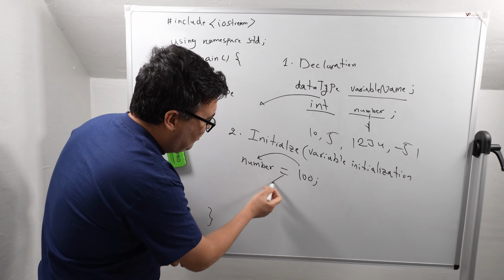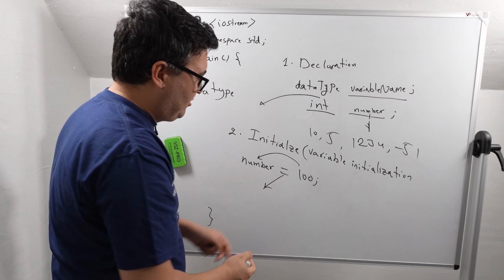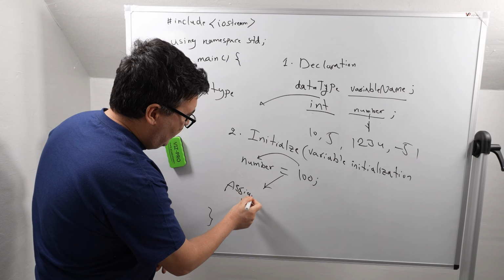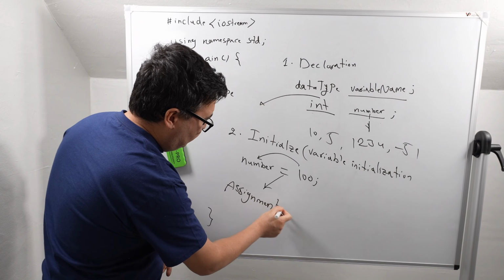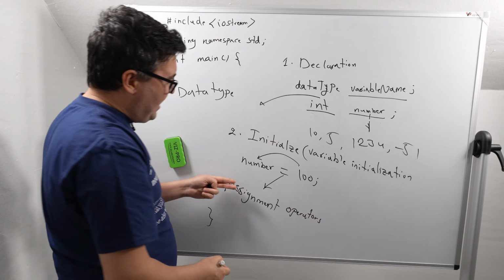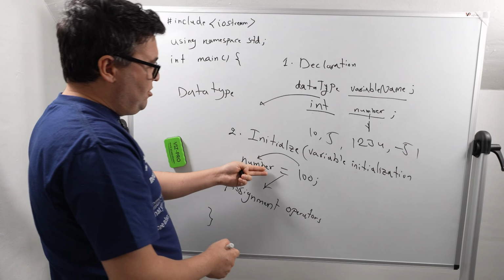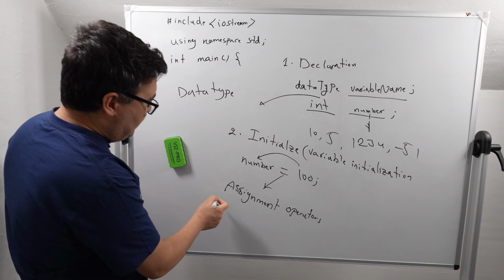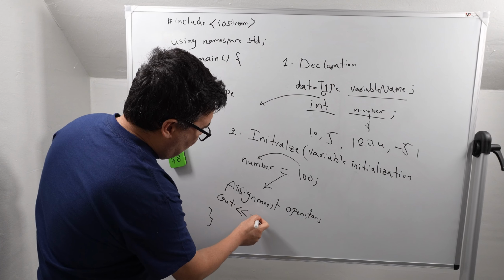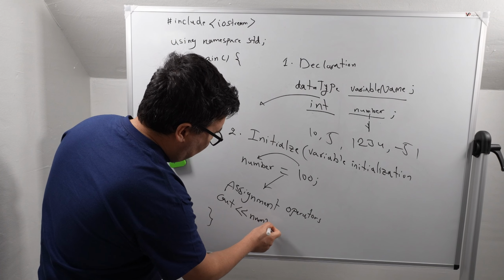The operator used here is called the assignment operator. Now we can use this variable, for example we can cout the variable name number.